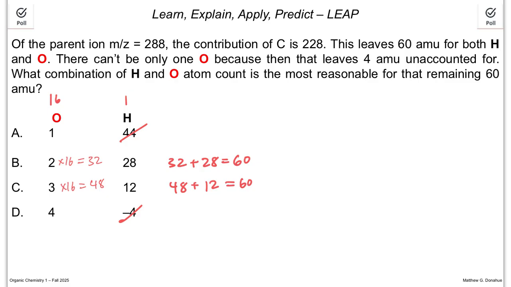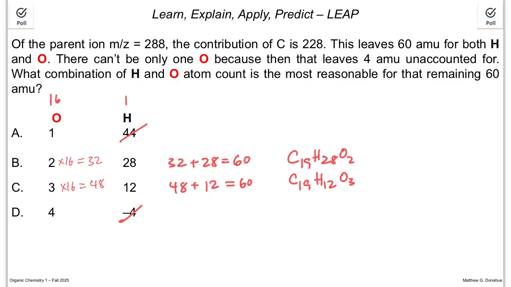So from that, we have two molecular formula claims. C19H28O2, C19H12O3. So they're both valid. They now equal the 288. But what could we do to further increase our confidence of one over the other?